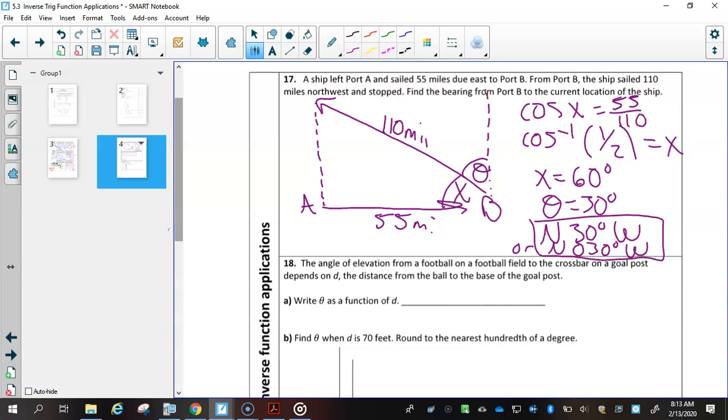How did you know where theta is on that? So really, when you're finding bearings, it's some counterclockwise direction from wherever you are.